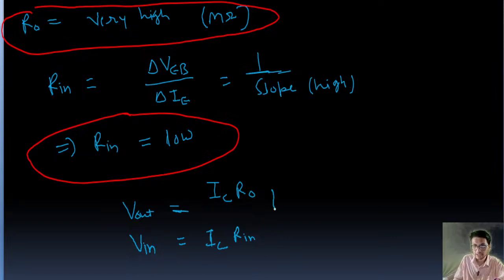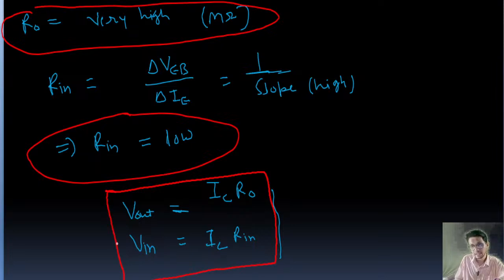These are very important results, you need to note them down. So V output is IC into R naught and V input is IC into R in. This is the common base configuration we are studying.